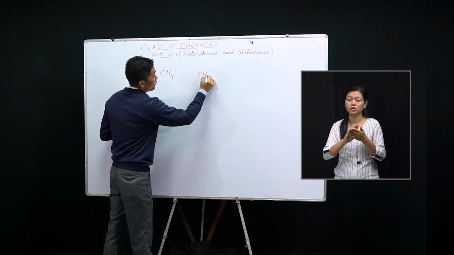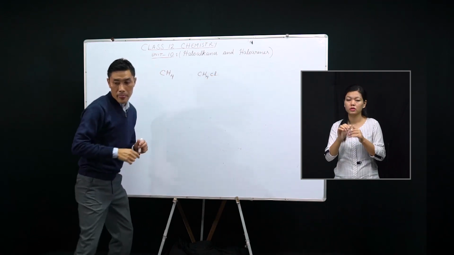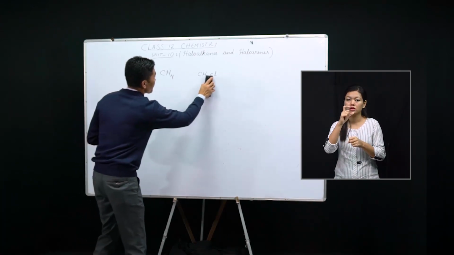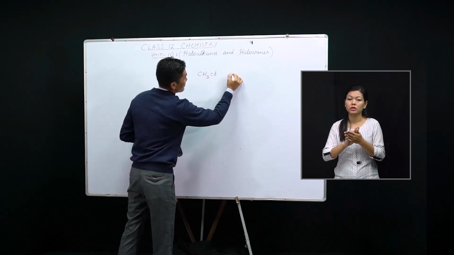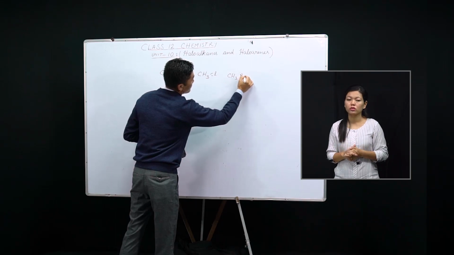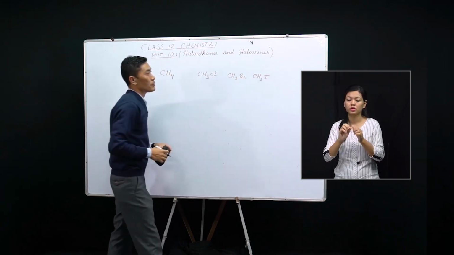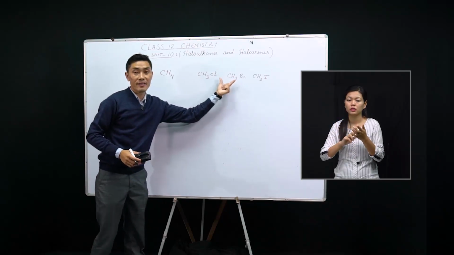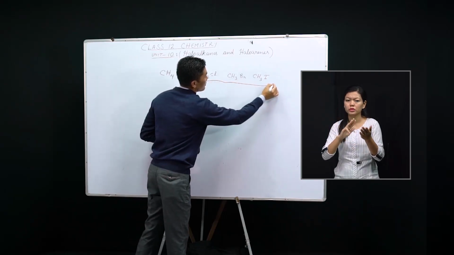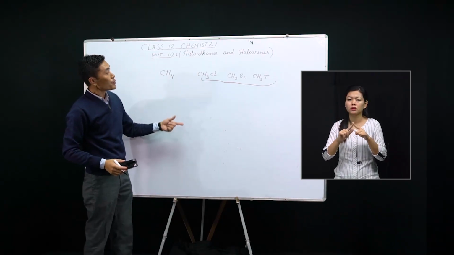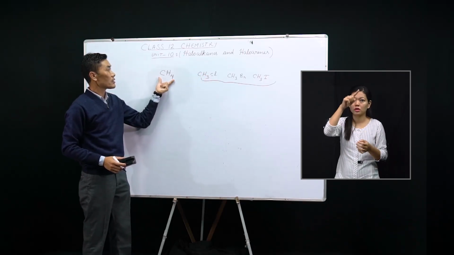From methane, we can obtain chloromethane. We can also obtain bromomethane. We can obtain iodomethane also. These are the halogen derivatives of methane. All these halogen derivatives of methane are found to have higher boiling points than the parent hydrocarbon, that is methane.